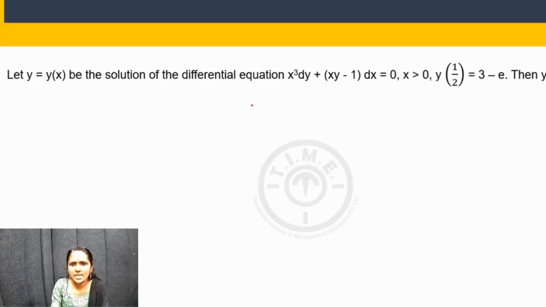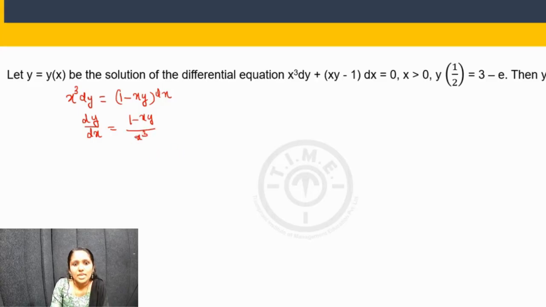First of all, we can write the given equation as a linear differential equation. For that, we can write this as x cubed dy is equal to (1 minus xy) into dx, or we can write this as dy by dx is equal to (1 minus xy) divided by x cube.